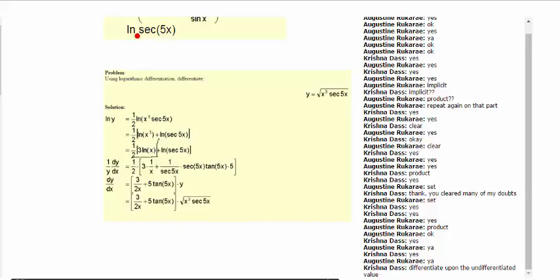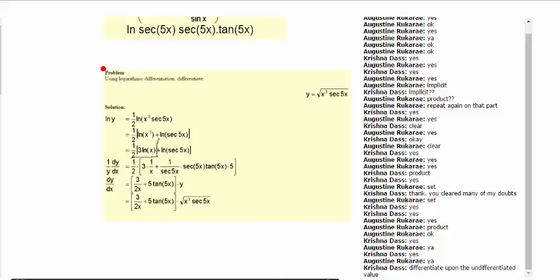So here we are going to apply the chain rule. If I differentiate secant x, I should get secant x tan x. But in case of x here, we have 5x. So what we are going to do is secant 5x times tan 5x.